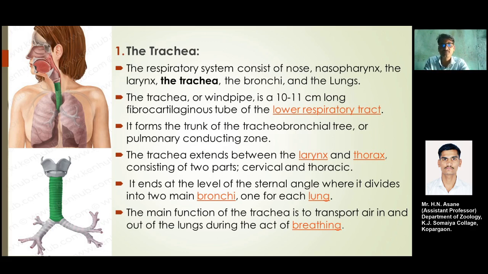There is a pair of lungs present in humans. As you can see in the picture, the pair of lungs is supplied by these two bronchi, one towards each lung.